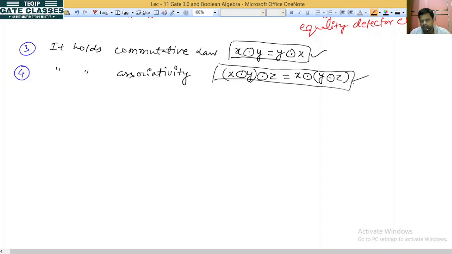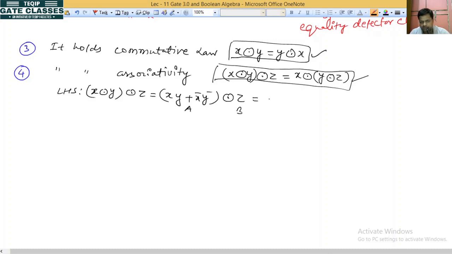If you want me to prove it, let's start. So LHS is x XNOR y, XNOR z. It can be written as xy plus x bar y bar, because it is XNORed with z. So let this one be a and this one be b.